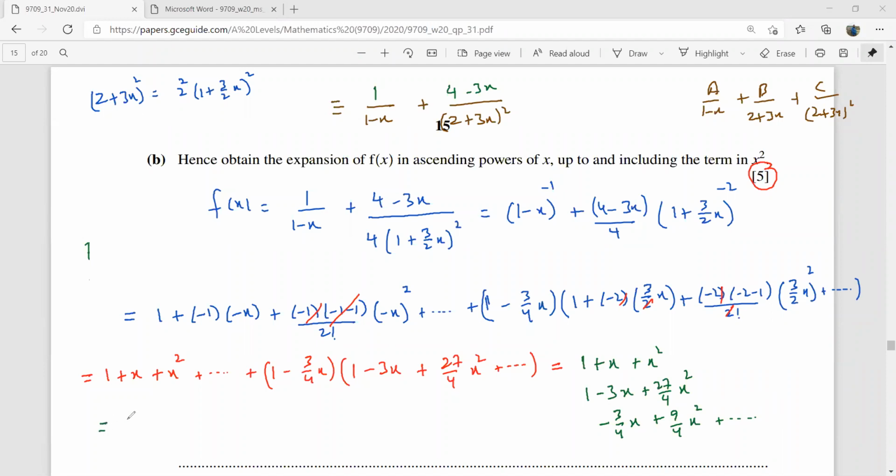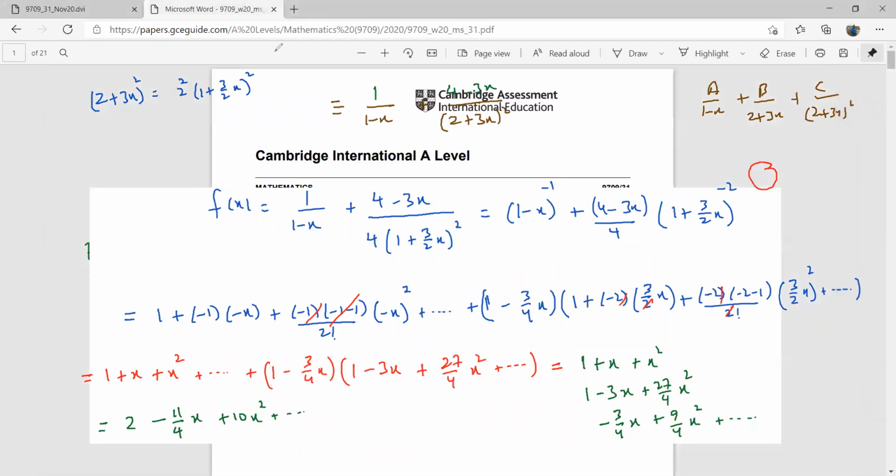So, bacho, this is going to be 2 and this is minus 2x, and this is minus 11 over 4x, it's 36 plus 9, and this is going to be 10x squared. Let me check the answer because I'm not sure if this is really correct.